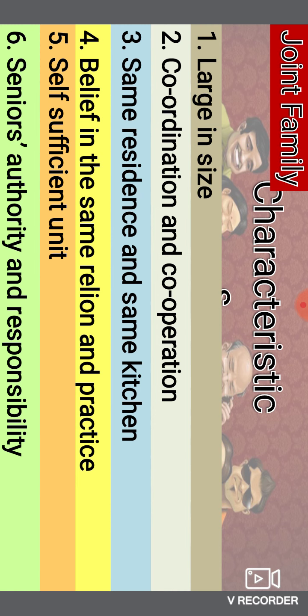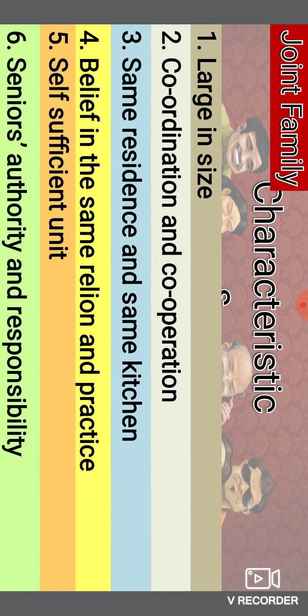Okay, once again, let me repeat that. The main characteristics of this joint family are, at first, large size, as the family members make it large. Then coordination and cooperation among family members. The third one, the same residence and the same kitchen.